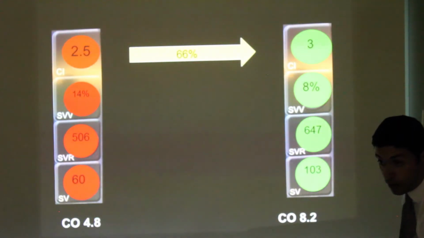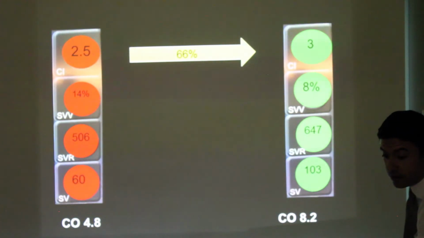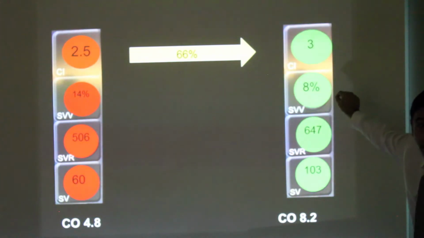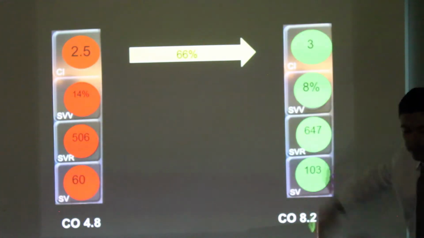We did two fluid boluses, and after the fluid bolus his cardiac index went from 2.5 to 3, a 66% improvement. That's very impressive. To call it an improvement, you need 15%. Big change.